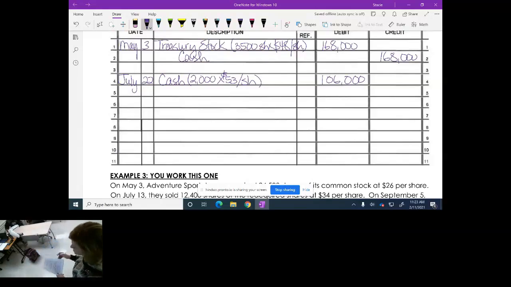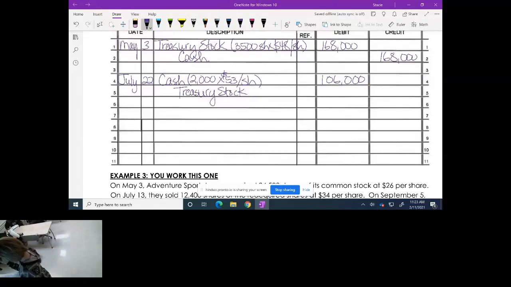Treasury stock. How much is this? 2,000 shares times what amount? 48. That's 96,000. And then we have to balance the entry. So we've got 10,000 paid in capital from sale of treasury stock.